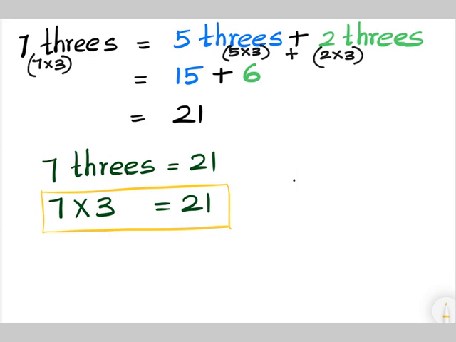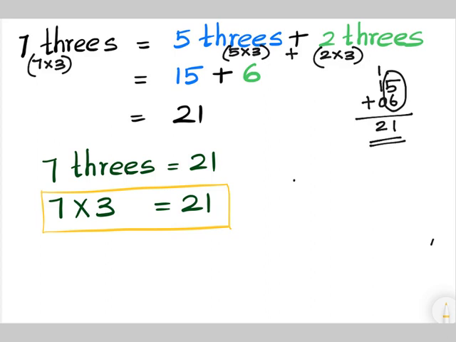The value of 5 times 3 is 15 and the value of 2 times 3 is 6. When you add 15 plus 6 together, we get 21. I can show you 15 plus 6. 5 plus 6 makes 11. The 1 goes on the top and 1 plus 1 is 2.